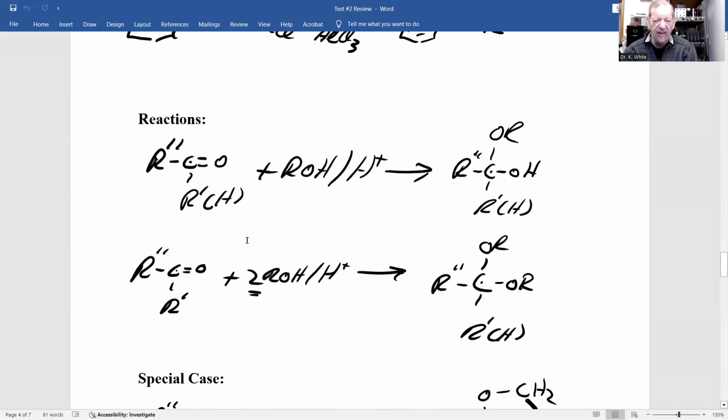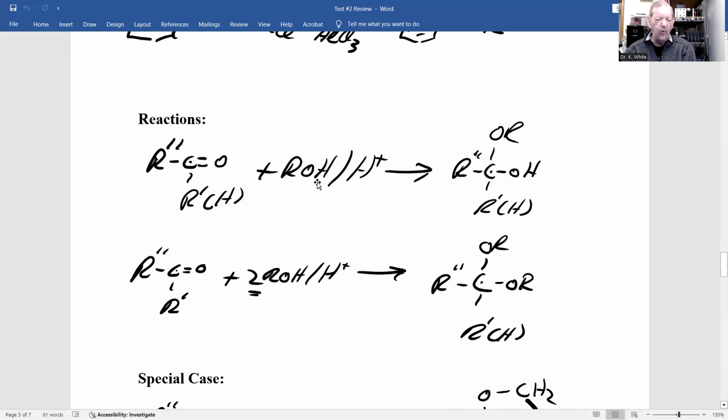All right, let's talk about reactions of ketones and aldehydes. A lot of them are the same. If you run a certain reaction with either an aldehyde or a ketone, it's the same type of reaction. To show that, here I have a carbonyl, R double prime, and R prime. If R prime is hydrogen, that's an aldehyde. If R prime is carbons, this is a ketone.